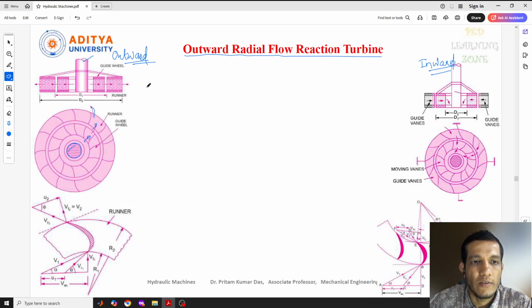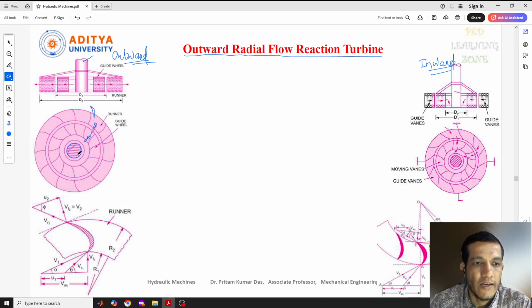So the water will flow from inside to outside. The water will enter at the center point, move out through these guide vanes, and go outside to the periphery. In this way, the outward radial flow reaction turbine will work.